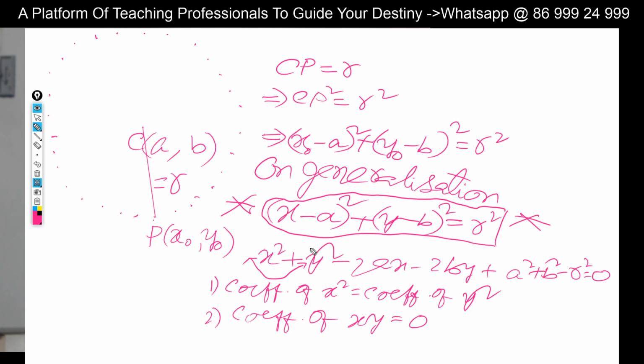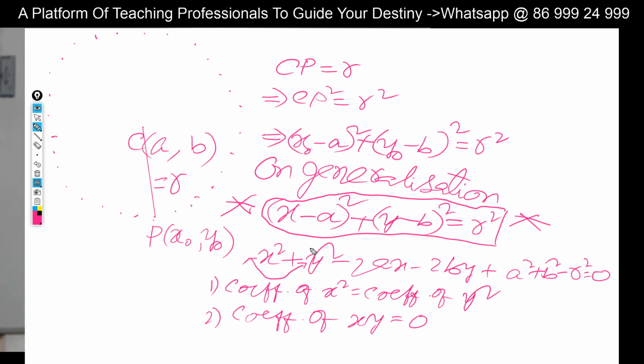But in fact, the question should be given like this: find the equation to the locus of a straight line, find the equation to the locus of a circle, a parabola, an ellipse, a hyperbola. Like that it should be given.